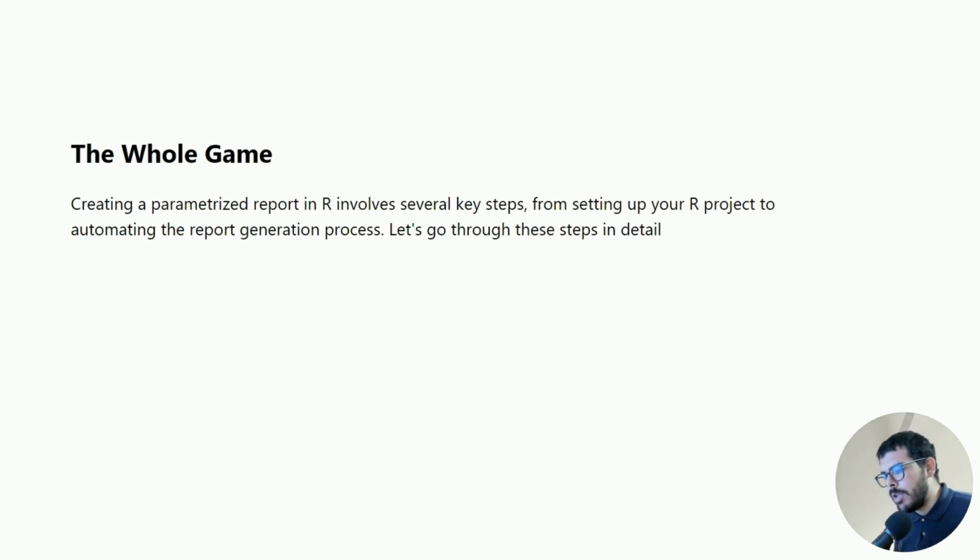So you might be asking yourself, what's the catch here? We've been talking about parameterized reports, but all we did is basically create a function that gives us two outputs and check how to render RMD files and some details about the YAML header.